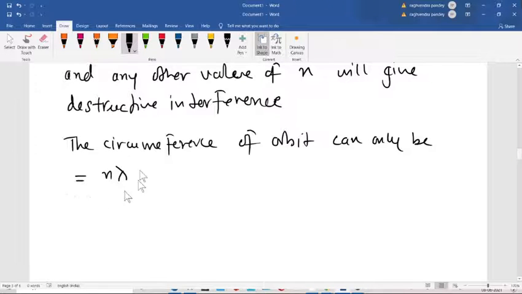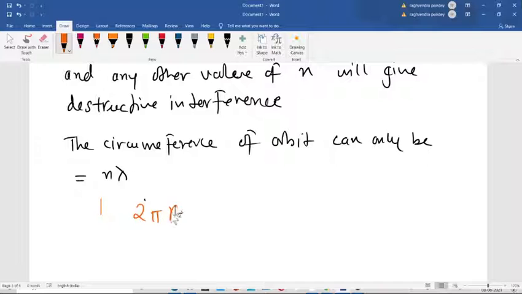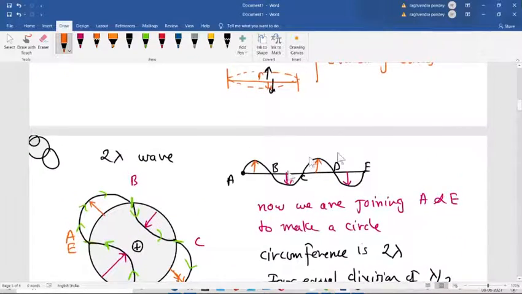Since 2 pi r is the circumference, 2 pi r is equal to n lambda, where n lambda is the circumference based on the wavelength, like 2 lambda or 3 lambda.